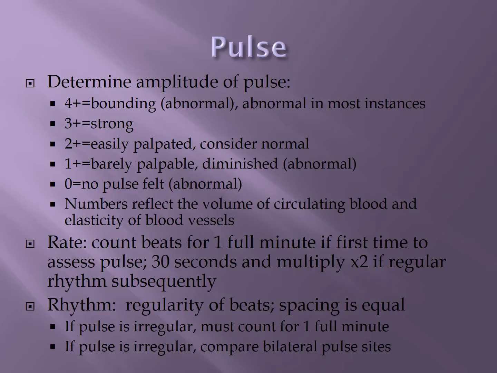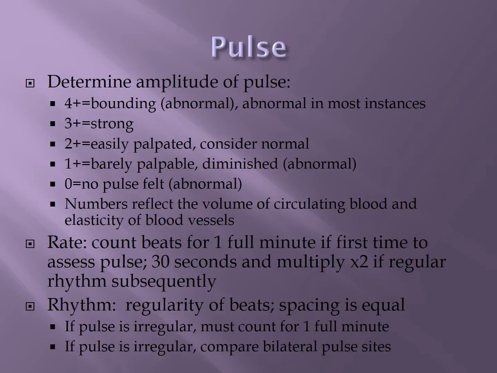When everything is working right, the rhythm is going to be regular. However, sometimes there are problems that occur in that conduction system that make that pulse irregular. It may be related to the SA node. It may be related to the AV node, because the AV node in the heart is really the gatekeeper.